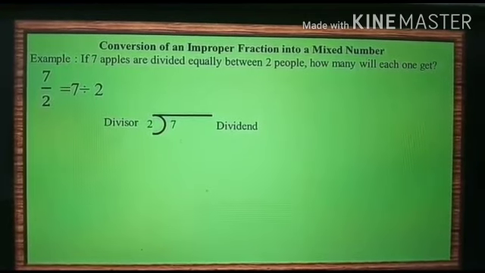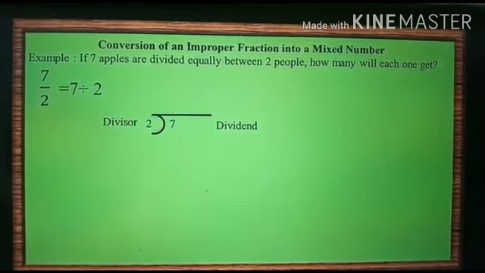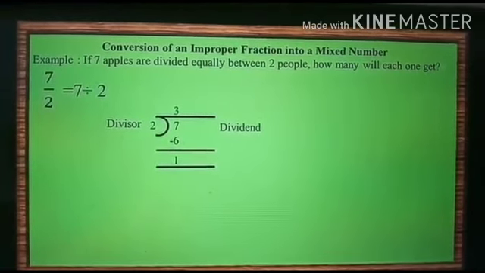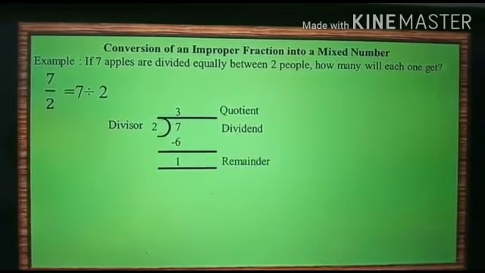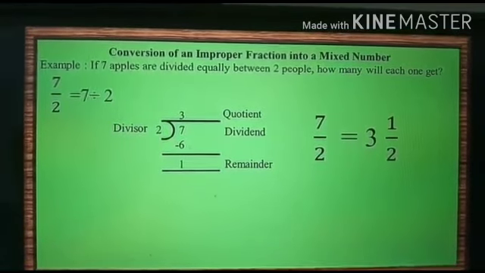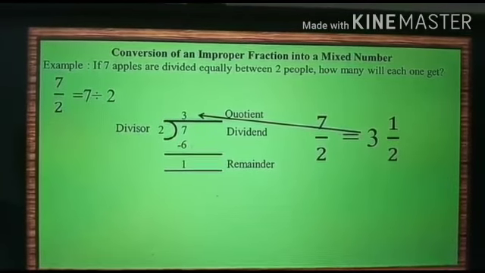If we divide 7 by 2, 7 is the dividend and 2 is the divisor. 2 3s are 6. Remainder is 1. 3 is quotient. Now we can write 7 upon 2 is equal to 3 into 1 upon 2.